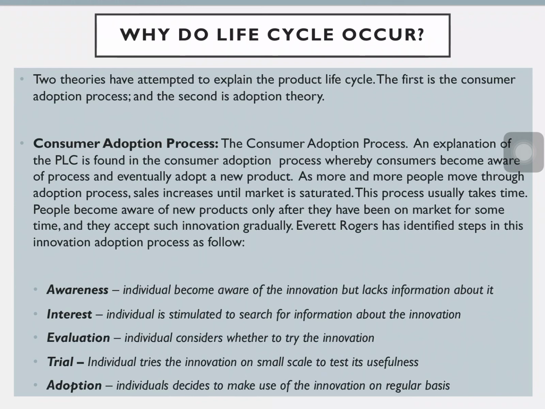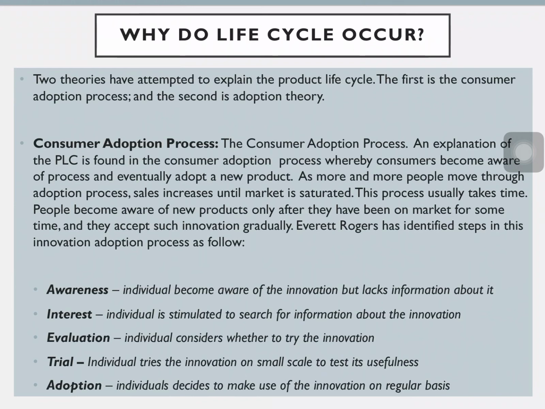Now moving ahead, one very important thing is why the product life cycle occurs. It is the big question to many of us. There is a theory, in fact two theories are there, which explain the reason behind the product life cycle.